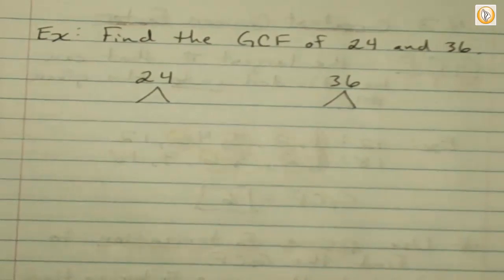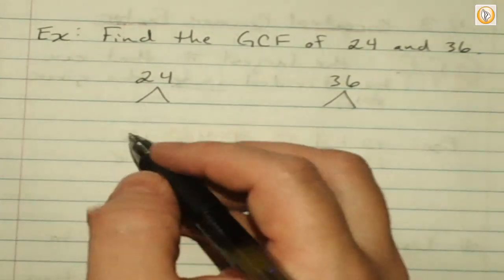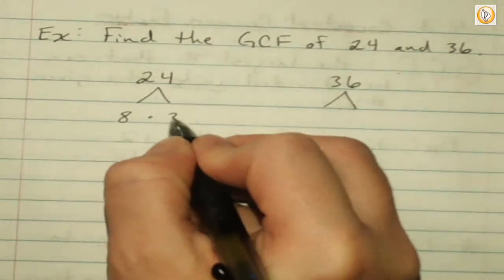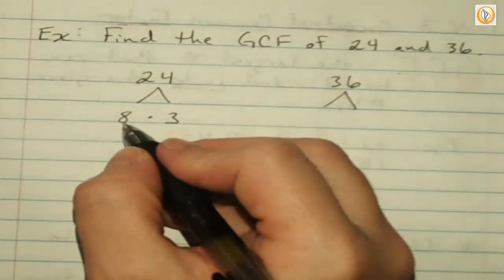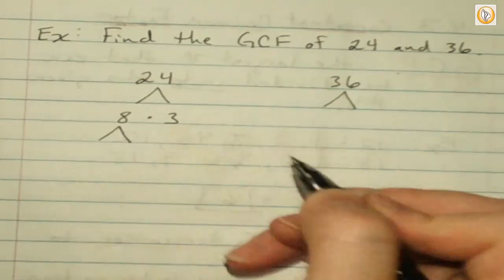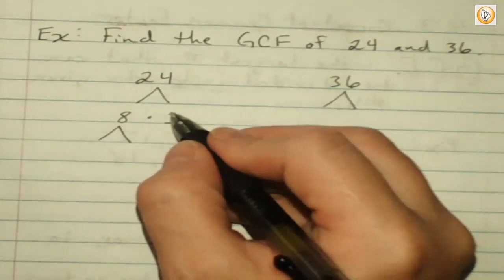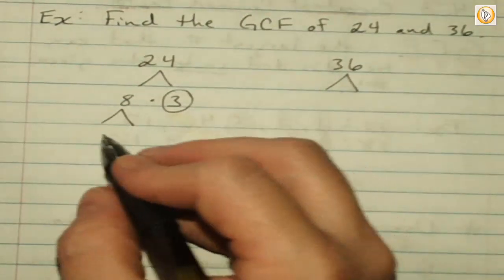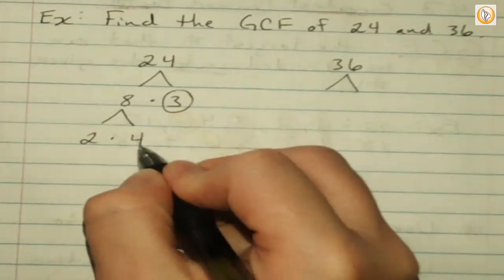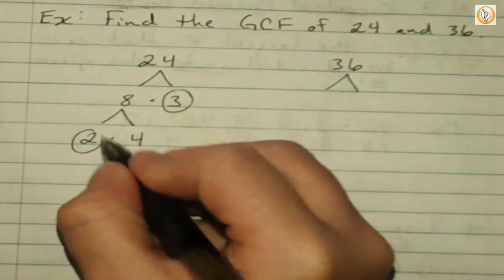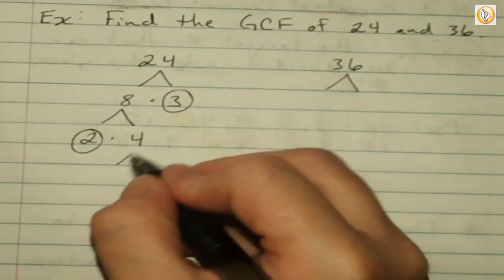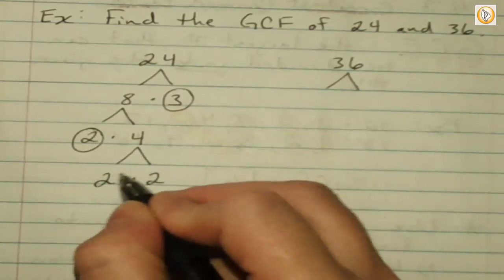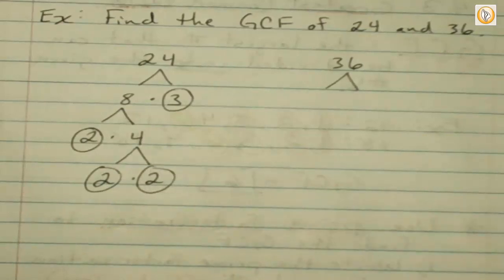What two numbers when multiplied give me 24? 8 times 3. Is 8 prime? No. So I'm going to continue. Is 3 prime? Yes. So I circle it. What two numbers give me 8? 2 times 4. Is 2 prime? Yes. I circle it. Is 4 prime? No. I keep going. And then we have 2 times 2. And they're both prime, so I circle.